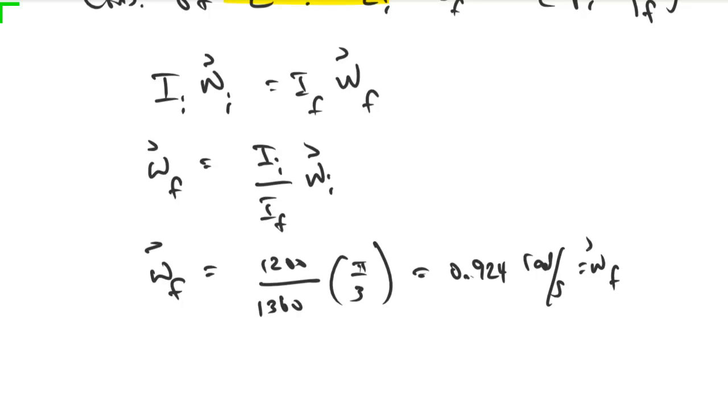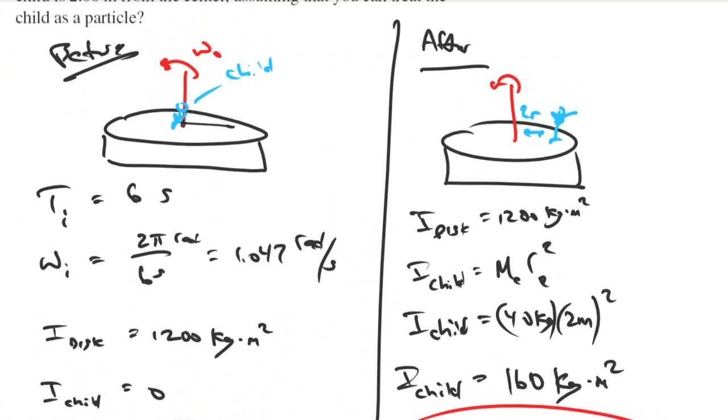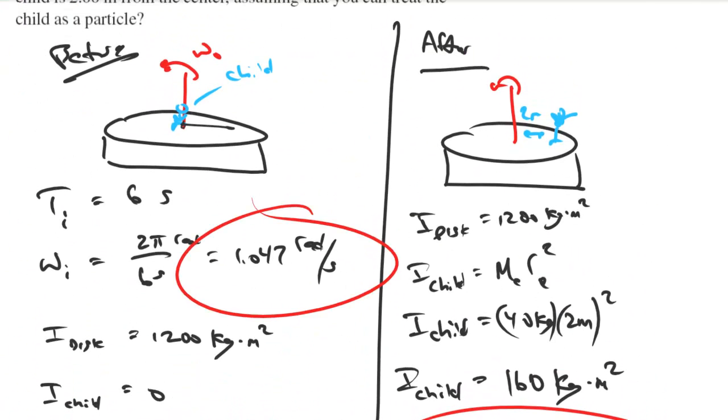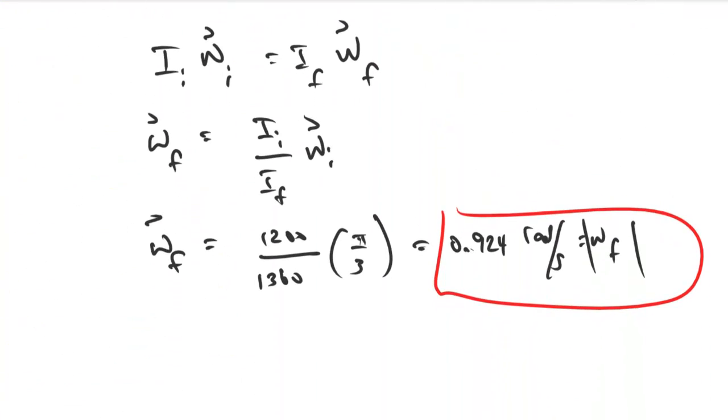They actually didn't give us the direction here, so really we can't write it as a vector, but this is the magnitude of the angular velocity, the angular speed after. And it's slowed down, right? It was 1.047 before, and now it's slowed down a little bit, and that's exactly what we expect when we increase the rotational inertia. So basically, just treat this as a perfectly inelastic collision.